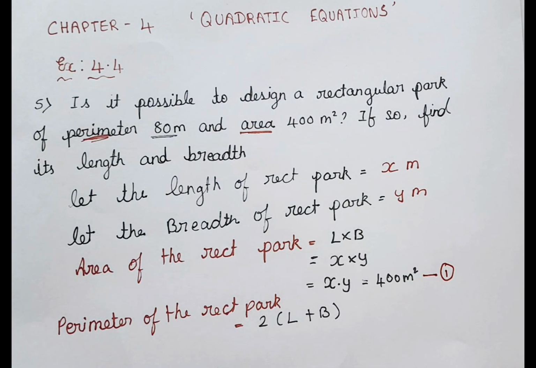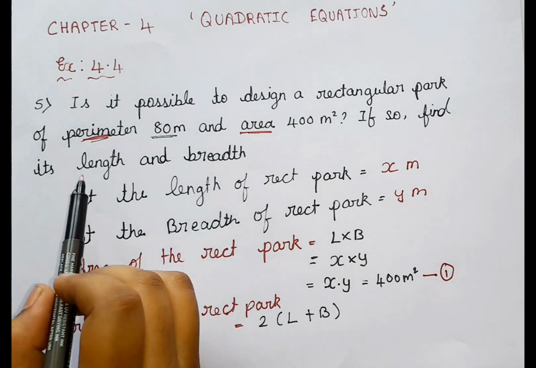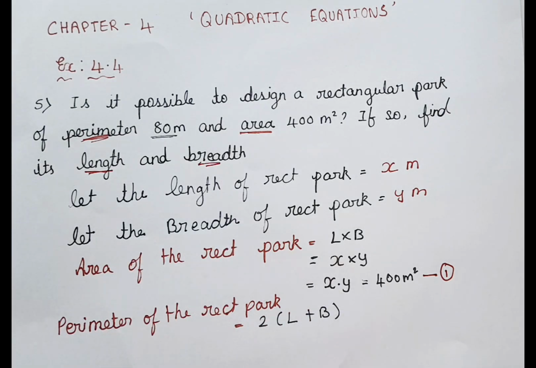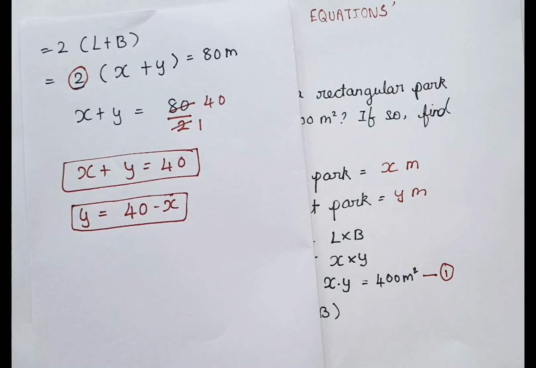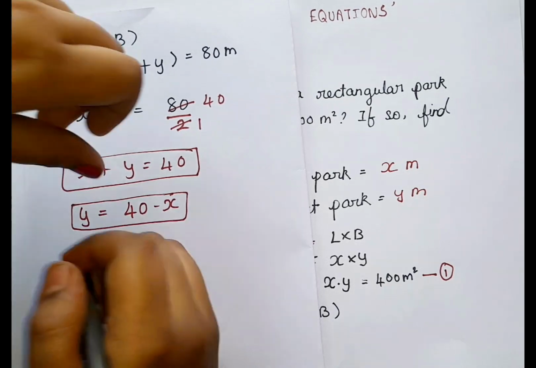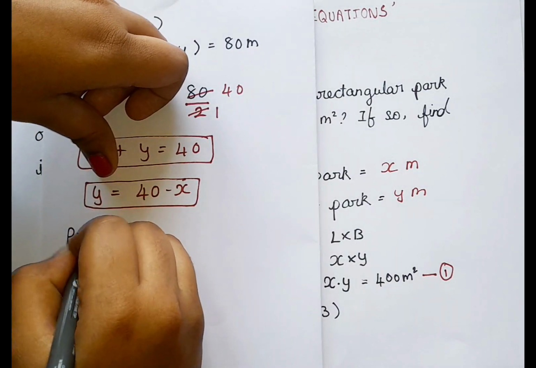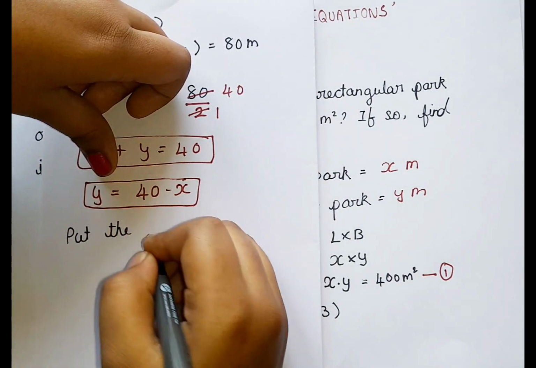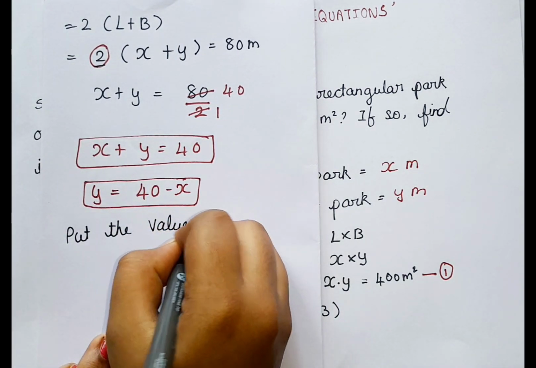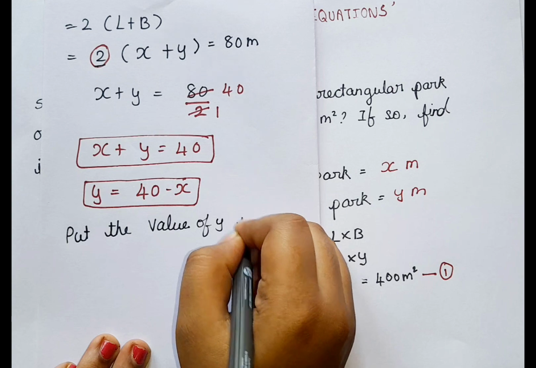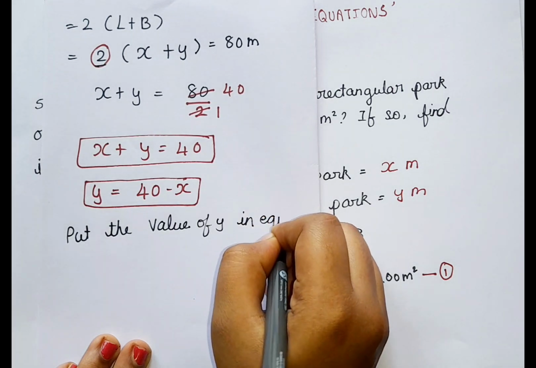Why? Because we want to find the length and the breadth, so if we just frame the equations, it will be easy. Now put the value of y in equation 1.